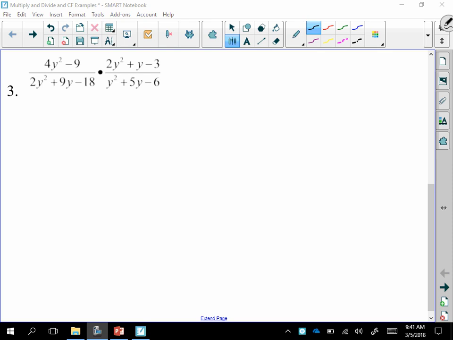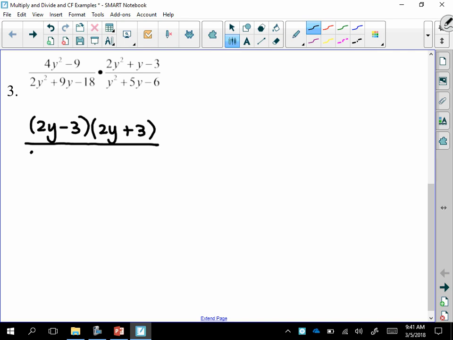All right, so we'll factor this. The numerator is difference of perfect squares. That's 2y minus 3 and 2y plus 3. The denominator is a quadratic trinomial that factors. What does it factor to? 2y minus 3 and y plus 6.